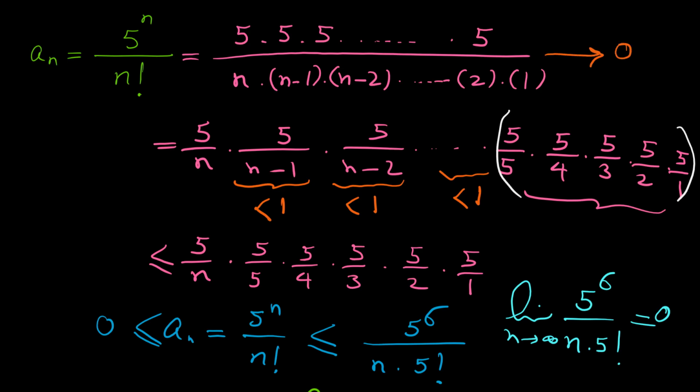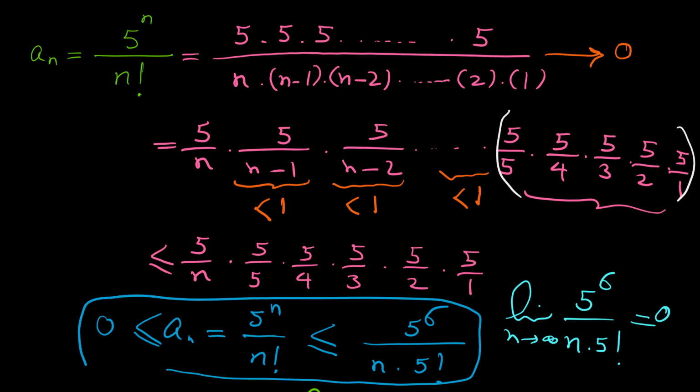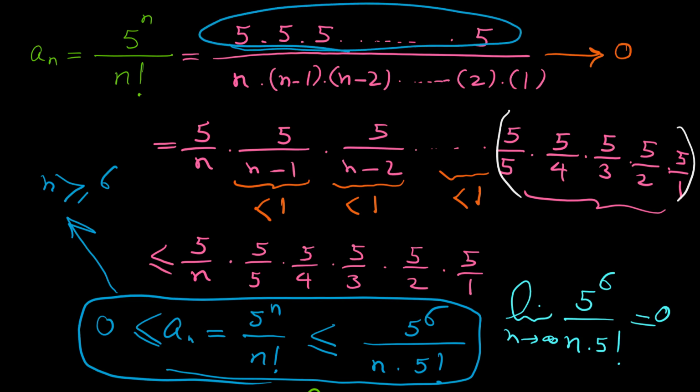But I have to tell you something about this relation. Please pay attention. When we are writing this relation, we suppose n to be greater than or equal to 6. Because when n is like 1, 2, 3, we don't have so many 5s in the numerator.